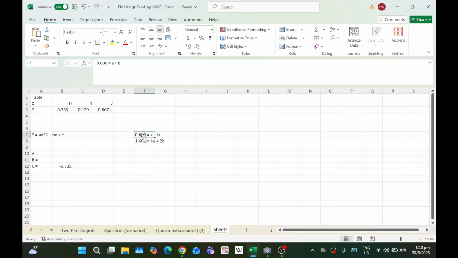From here, I could take this. This will be my equation 1, and this is my equation 2. Quadratically, I will be taking equation 1 times 2, which will be 0.606 times 2.